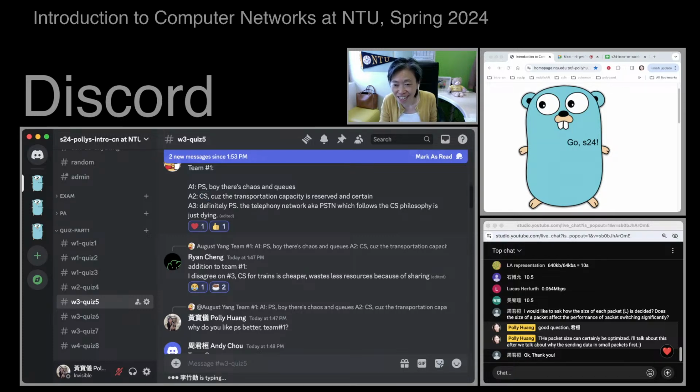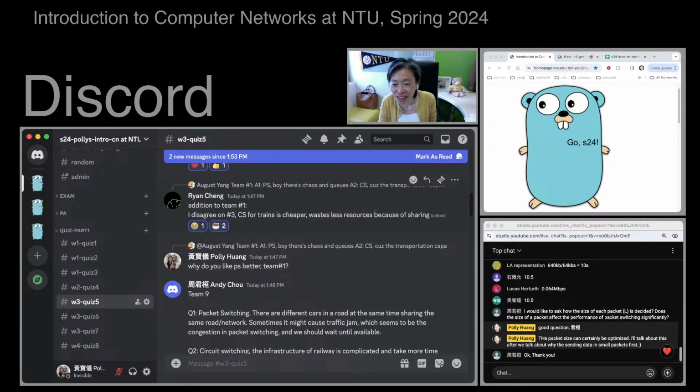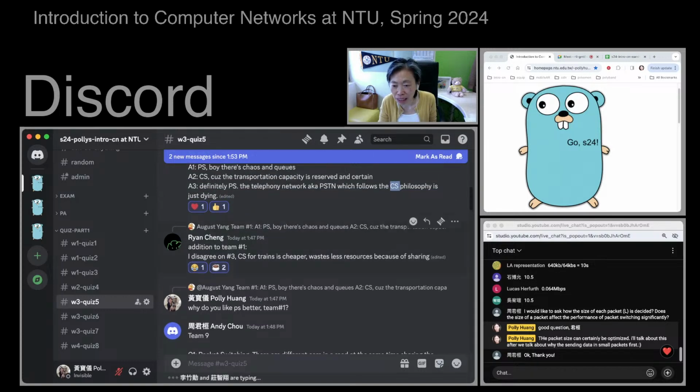And the reason that Team 1 prefers PS is because the telephone network that is running on the circuit switching principle is dead. Okay, hey, it's almost dead. And by the way, Team 1 also has a split opinion. Ryan here chipped in.